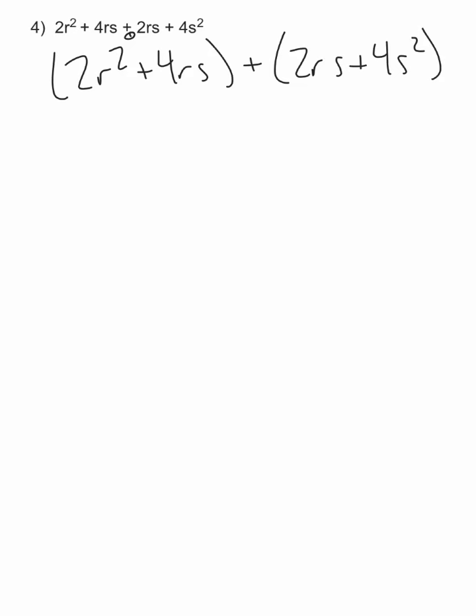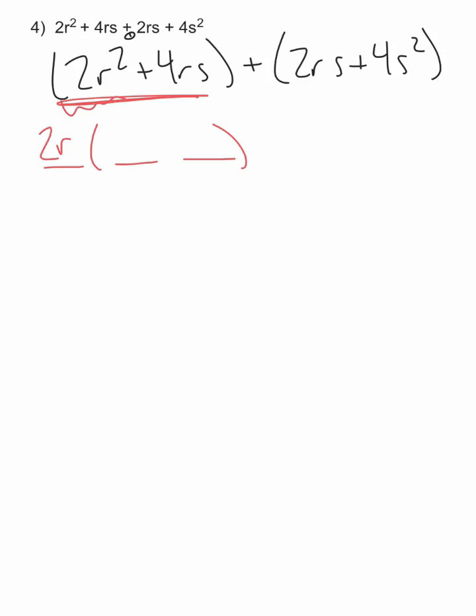Okay, so let's look at the first two. We have 2r squared plus 4rs, and we're going to take the greatest common factor of that, and then we'd have two terms, so two blanks. The greatest common factor for 2 and 4 would be 2. They both have a variable r, so we'll take the smallest one, which is a plain r.